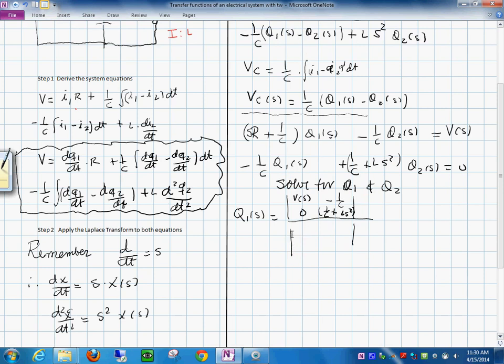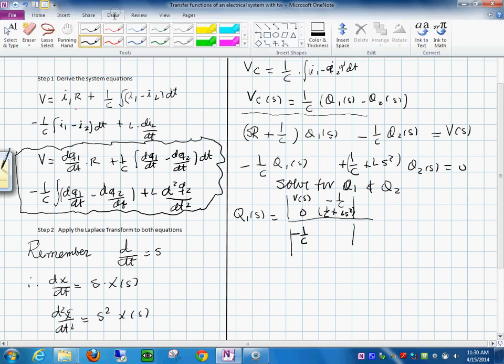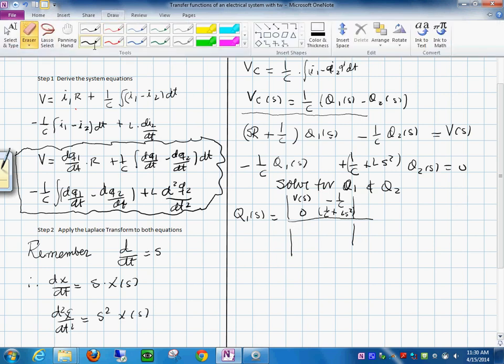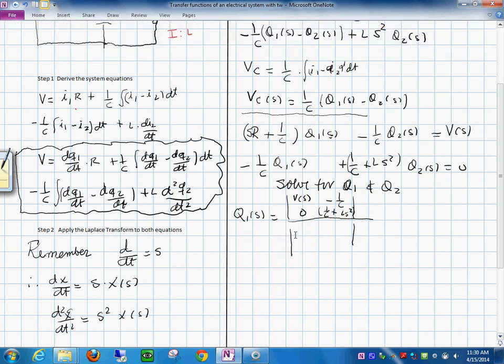And this other one would be minus 1 over C. SR plus 1 over C, and then minus 1 over C, and 1 over C plus LS squared.